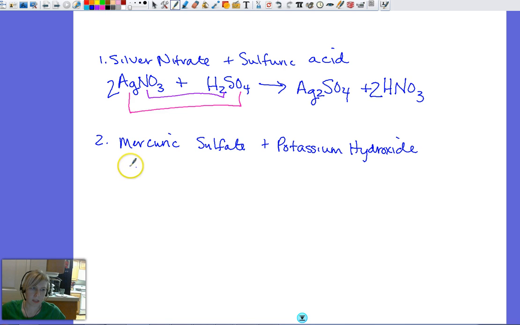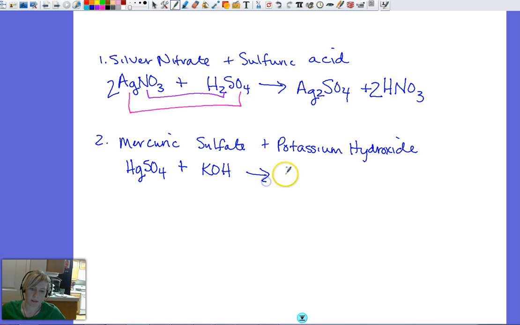So mercuric, if you look on your sheet, is Hg2+, and sulfate is 2-, so we just get HgSO4 plus potassium hydroxide, which is KOH.